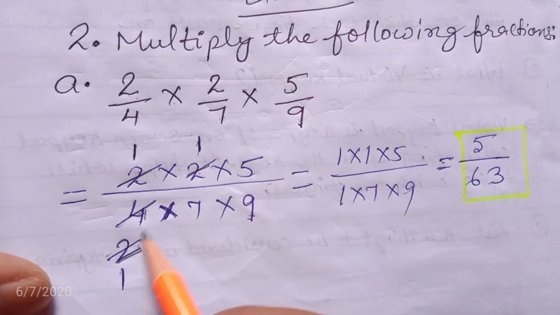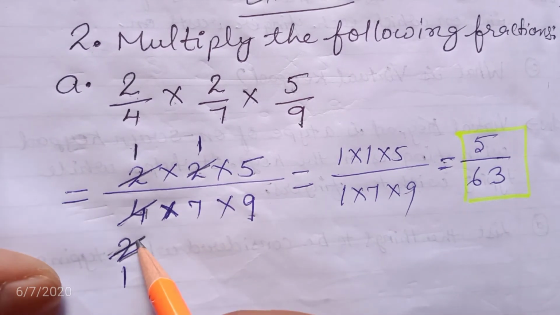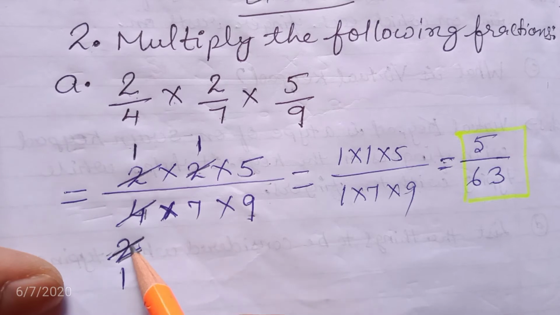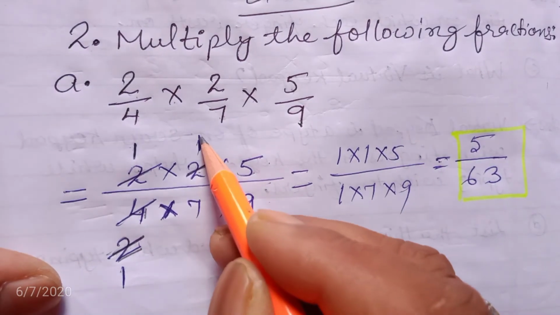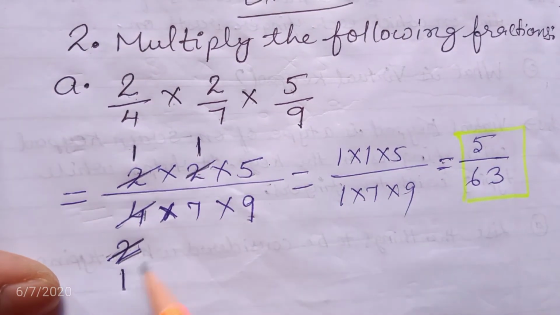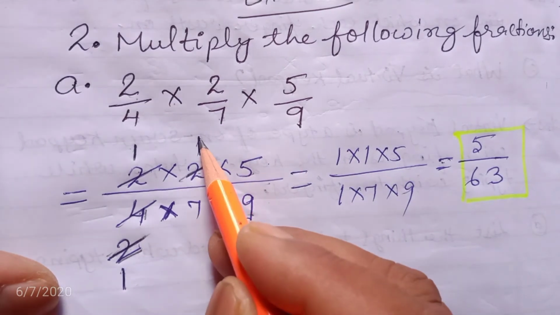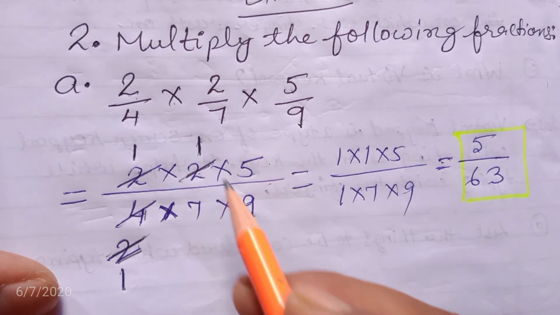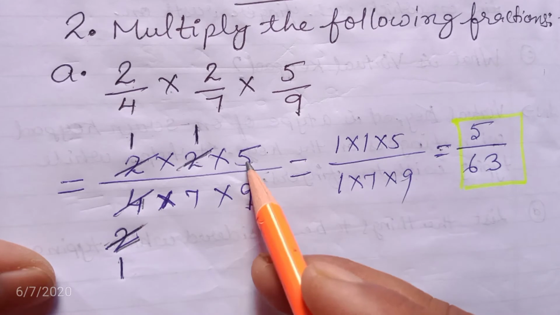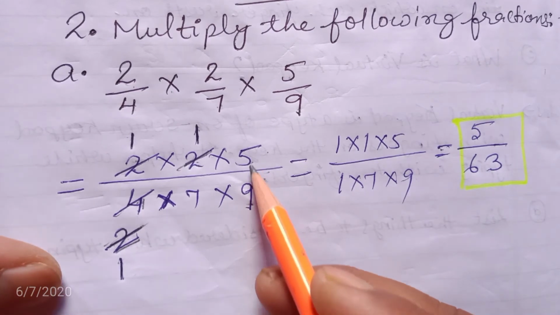Now this 2 and 2 have common factor 2, so divide both by 2. 2 divided by 2 is 1, 2 divided by 2 is 1. Means the 2s are cancelled.